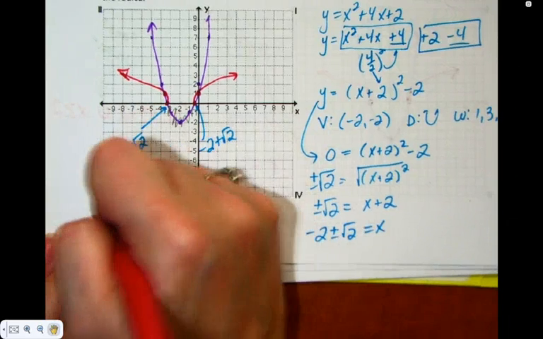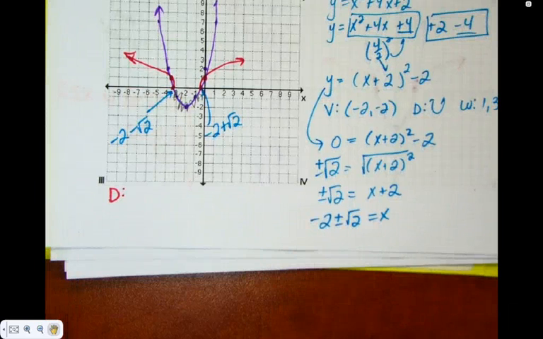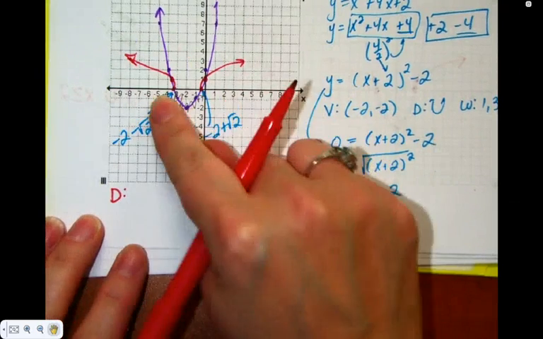Okay, so domain. The domain's really the hardest part of these questions. Is it a union question or is it a between question? It's a union question. So how do I say the left section of this graph?